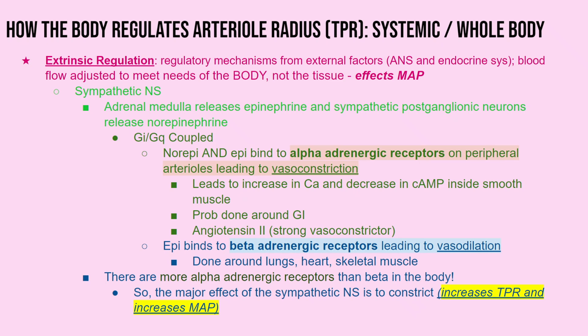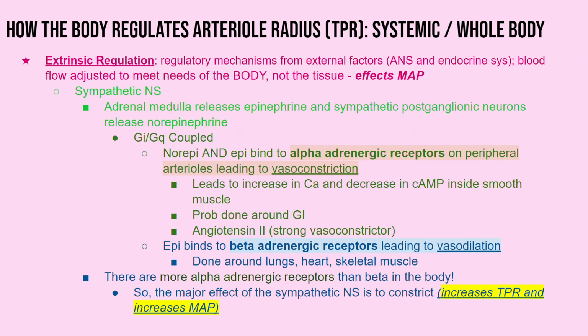This is a Gi or Gq coupled response. Norepinephrine and epinephrine bind to alpha adrenergic receptors on peripheral arterioles, which leads to vasoconstriction. On the other hand, epinephrine binds to beta adrenergic receptors, leading to vasodilation.